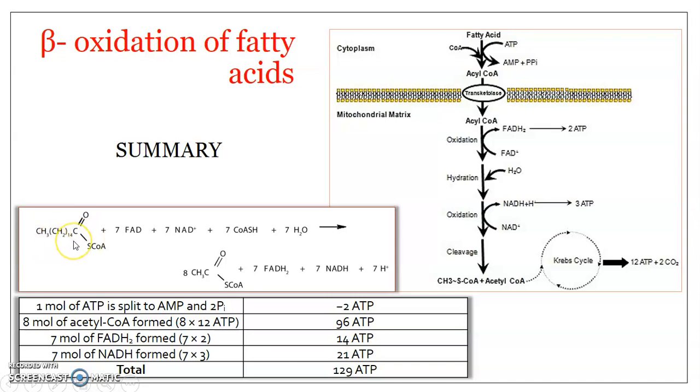How many acetyl coenzyme A are produced from a C16 fatty acid? A C16 fatty acid will give rise to 8 acetyl coenzyme A. Along with this, 7 FADH2 and 7 NADH are produced. And I hope you remember that during the activation, one ATP molecule is being used up, so it is minus 2.